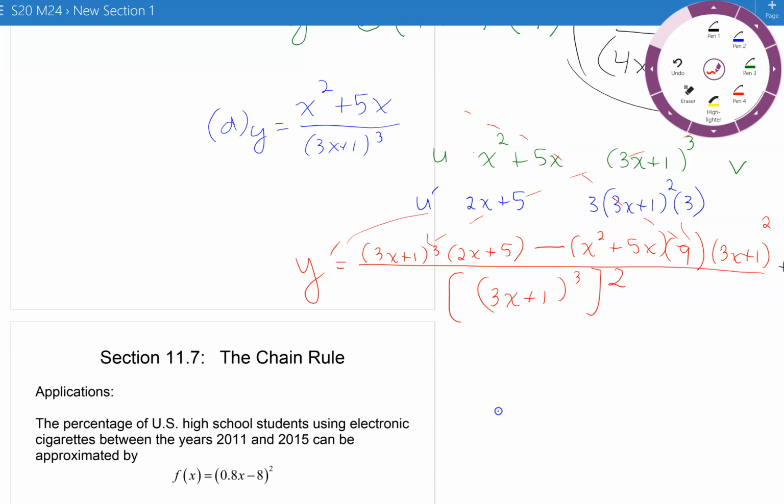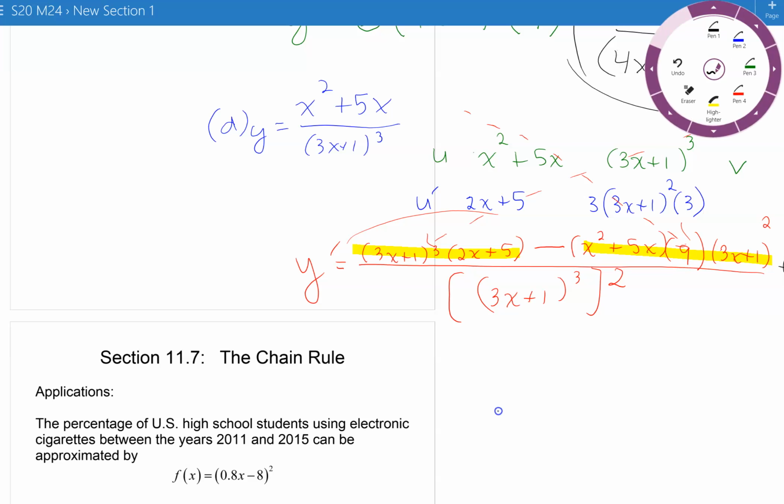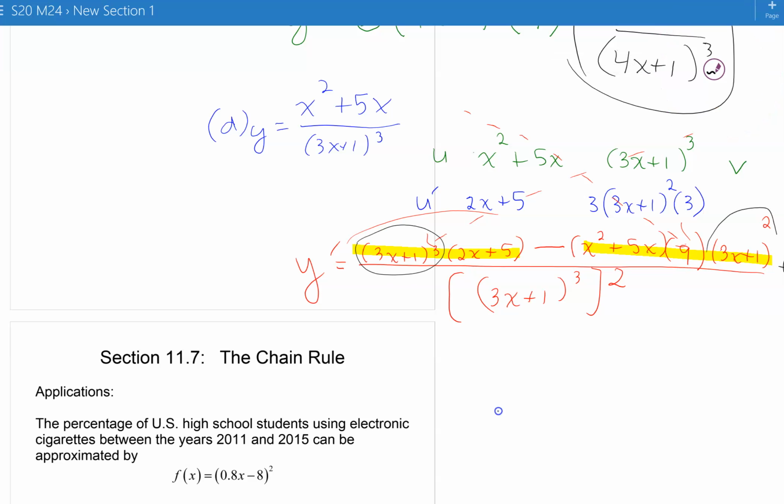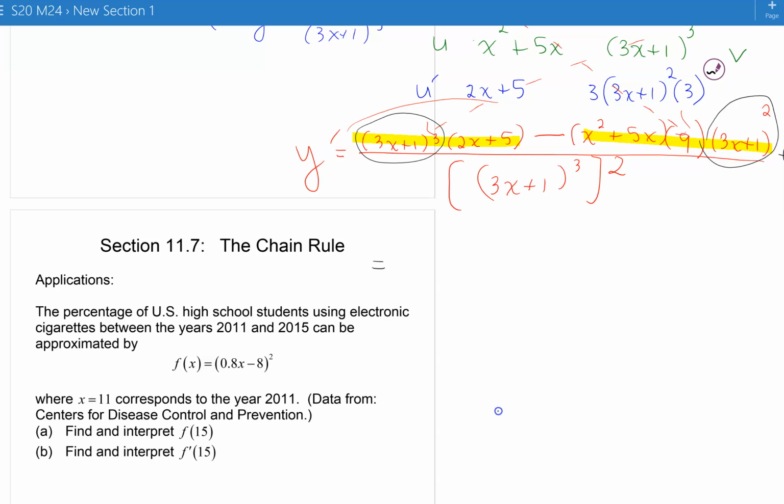Okay, then you need to see the two big terms. Two big terms. And what do they have in common? A 3x plus 1 squared. So we're going to factor out 3x plus 1 squared.